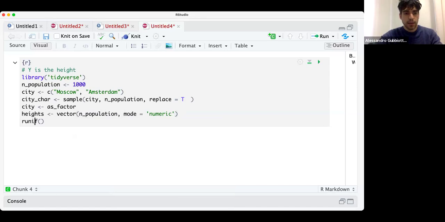And then to each informant living in, say, Amsterdam, I'm assigning a random uniform random variable. I have to sample this number.